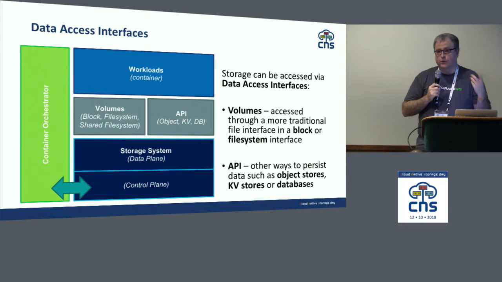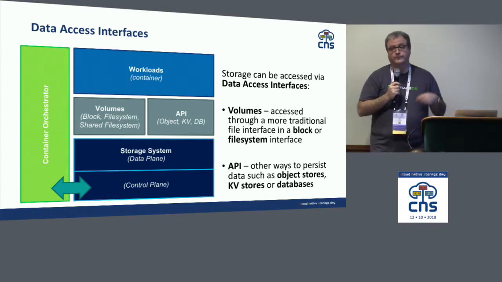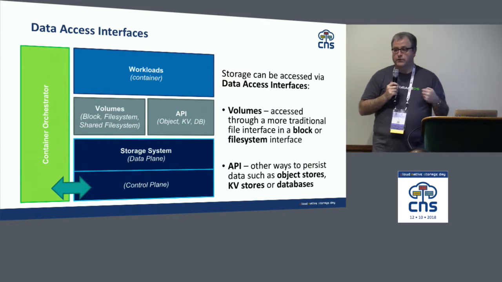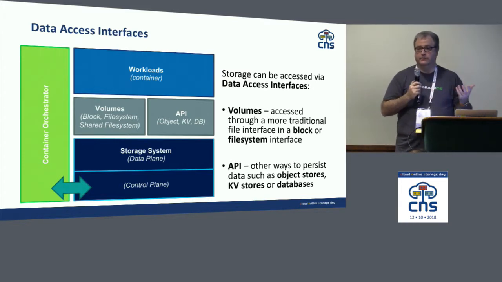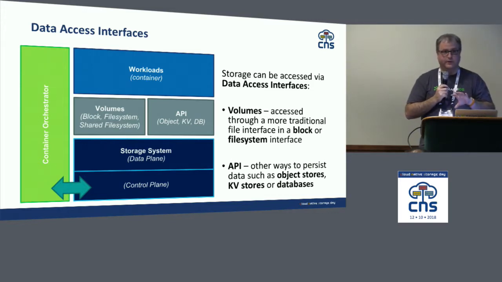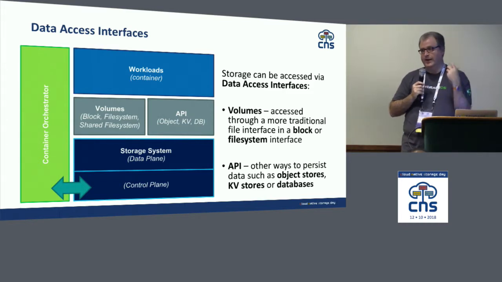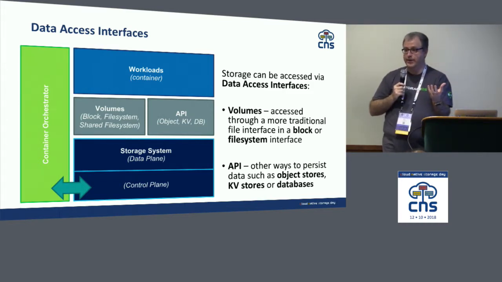So an orchestrator will be talking to the control plane of a storage system, and that will be used to make available different types of storage. Those different types of storage typically fall in 2 major buckets. So in a CNCF storage white paper, we've classified these as volumes and storage that you access through an API.